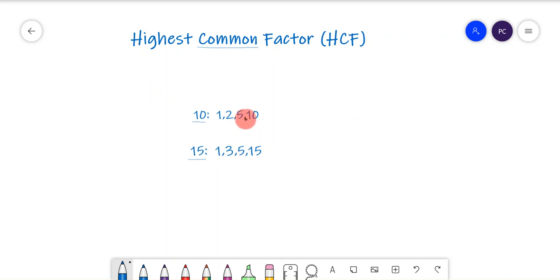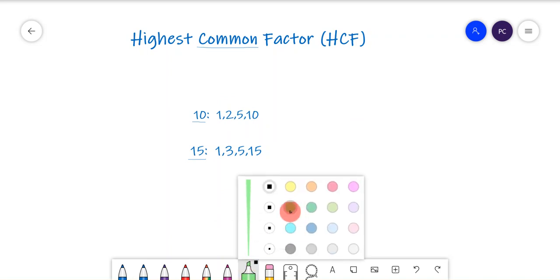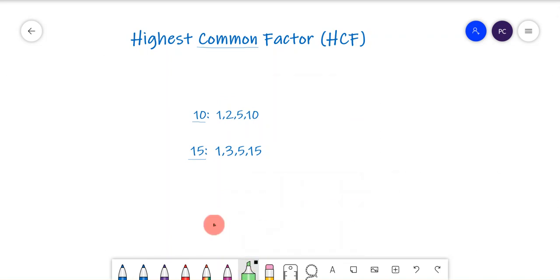Therefore we can say that the number 5 is the highest common factor of the number 10 and the number 15. So the number 5, this number here, is what's known as the highest common factor.